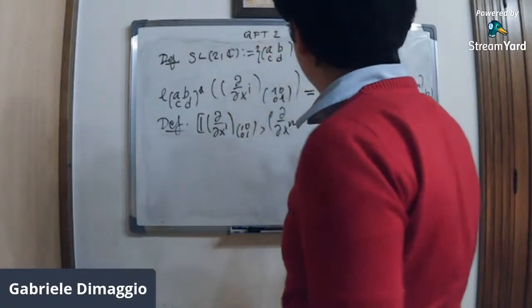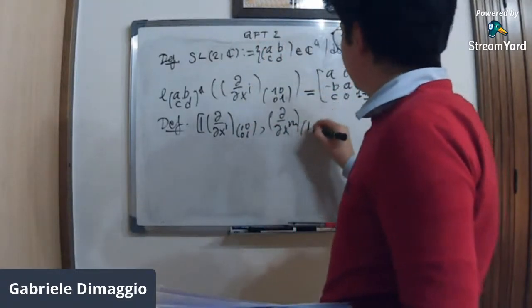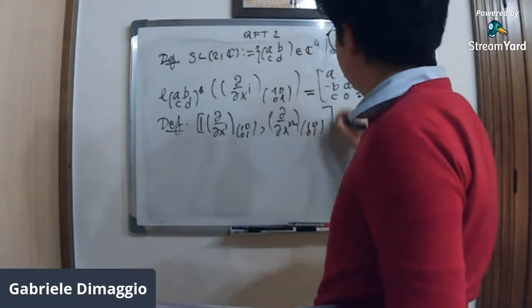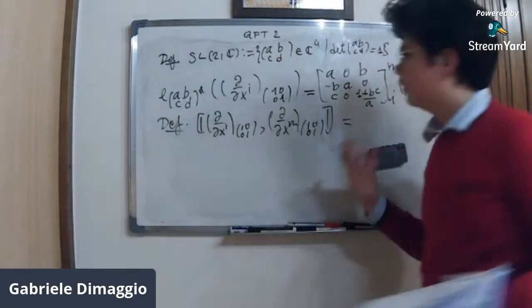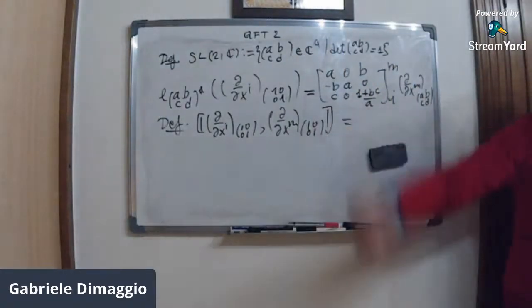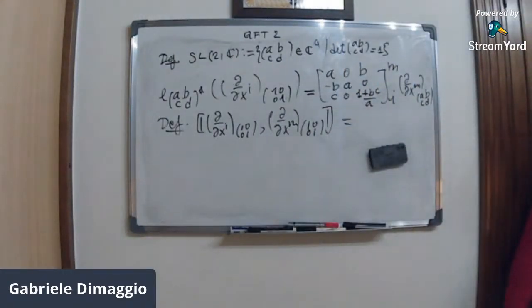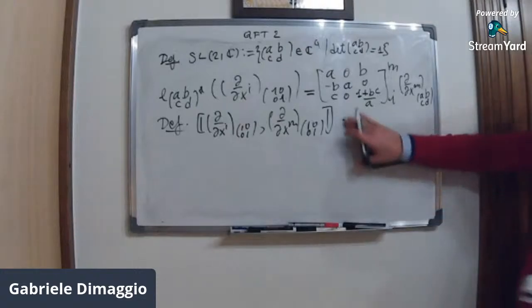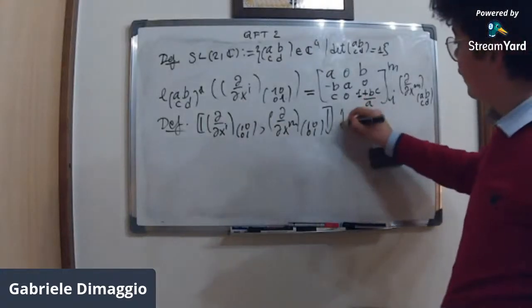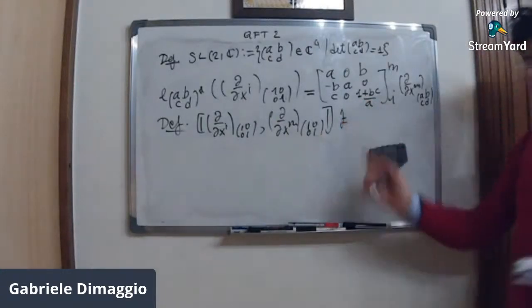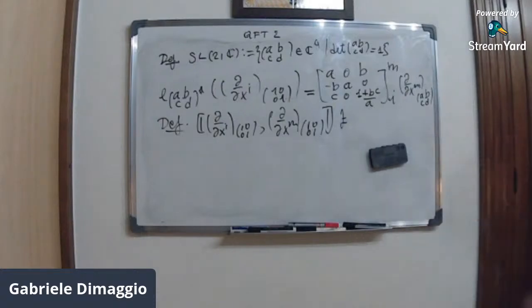And so I have M 1 0 0 1, and this is equal to what? For the last definition, acting over a function f for every function in a particular class. Now I'm going to show you which is this class, which is this set.